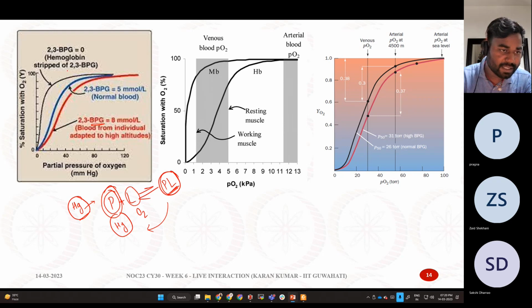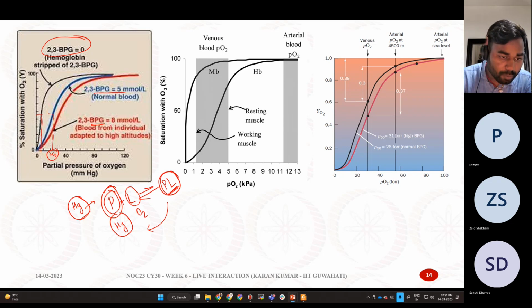When BPG is lower, the KD value is lower, which means oxygen is strongly bound. But when you increase the concentration of BPG, you see an increase in KD value. That means the hemoglobin will release oxygen rapidly, so it will not bind the oxygen, and oxygen will be available in the cell.